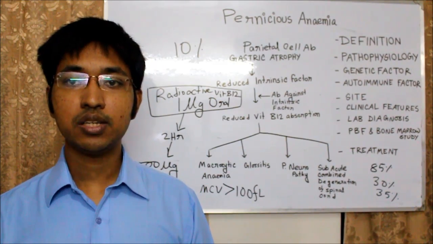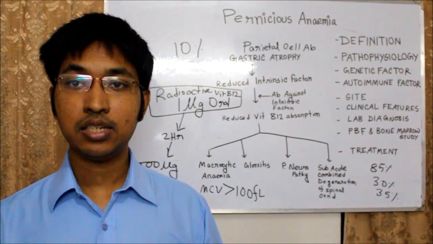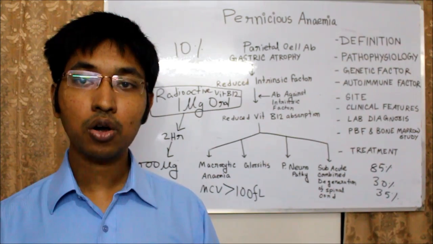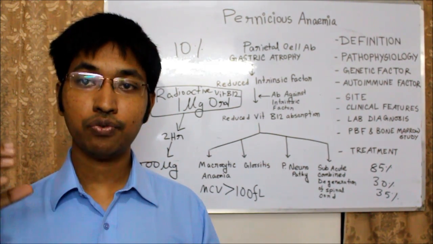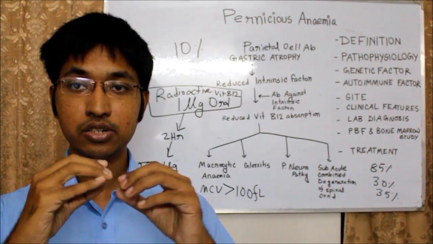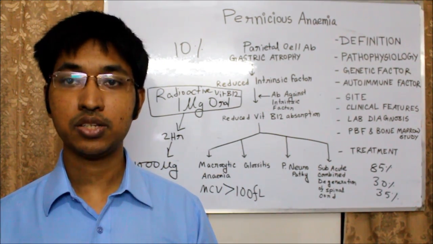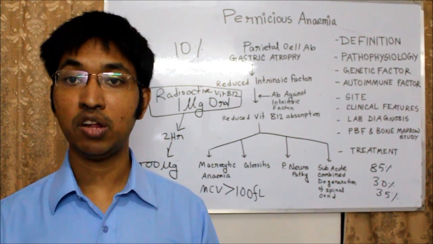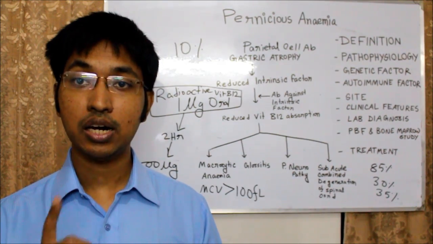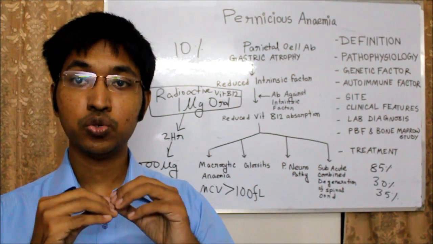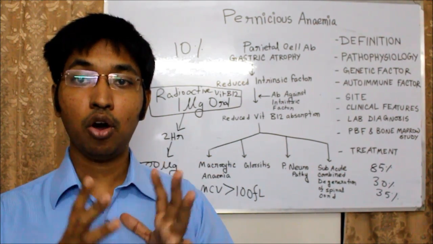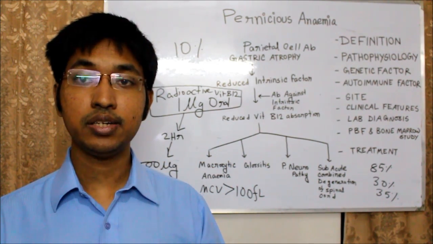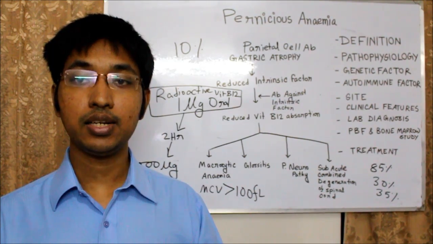So what is the role of the blocking antibody? The blocking antibody blocks the formation of the vitamin B12 and intrinsic factor complex. Recall that vitamin B12 cannot be absorbed unless it is bound to intrinsic factor, and that thing is blocked by the blocking antibody.